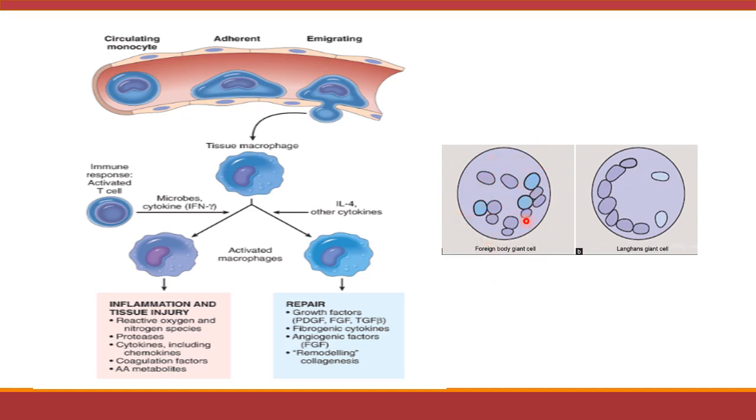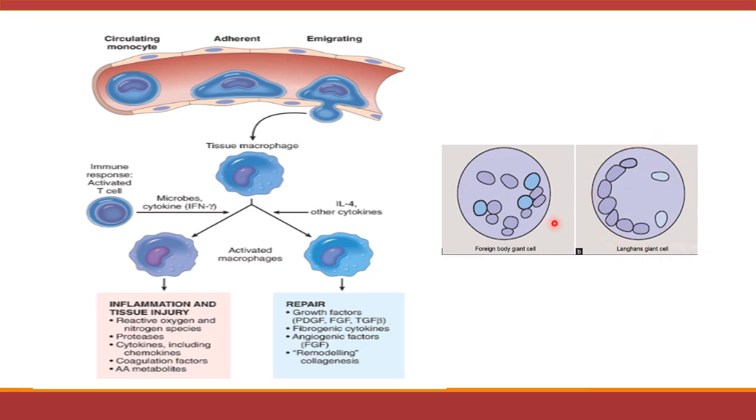Sometimes those nuclei are haphazardly arranged in the cell. There is no certain distribution. So these will be called foreign body giant cells. This is the name. It's not present all the time in cases of foreign body penetration or presence of foreign body, but this is the name of the cell.